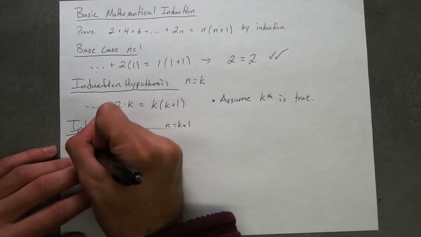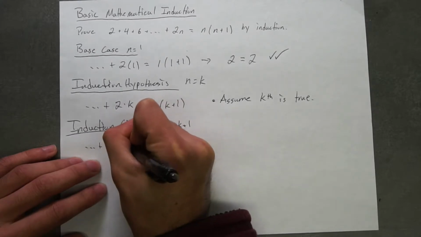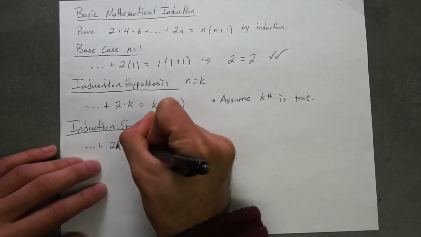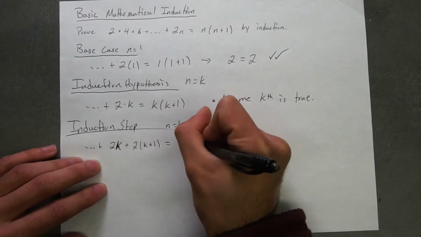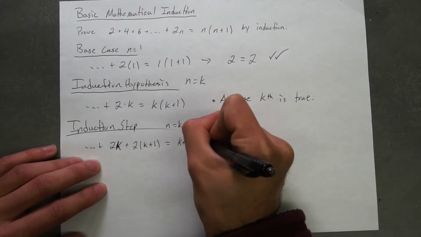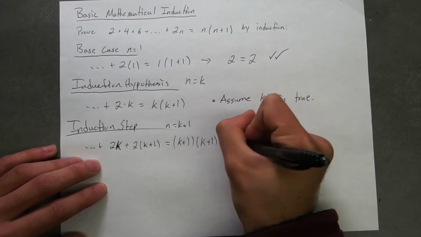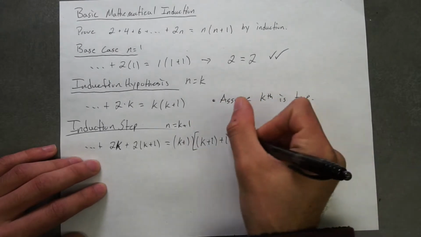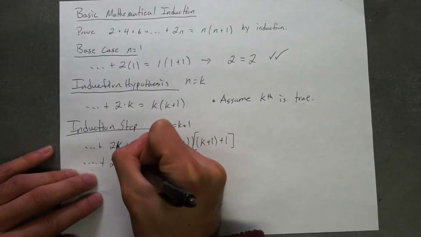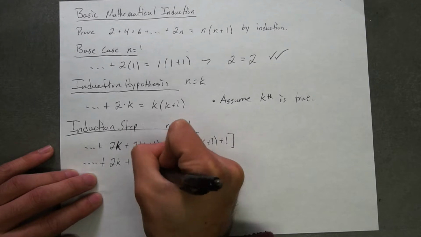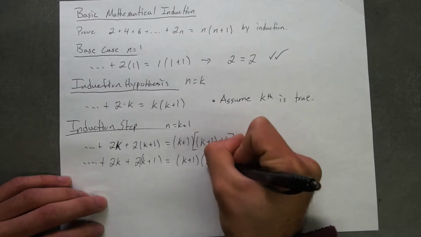So we have dot dot dot plus 2k, plus 2 times k plus 1 is equal to k plus 1 multiplied by k plus 1 plus 1. So simplifying that, we have dot dot dot plus 2k plus 2 times k plus 1 is equal to k plus 1 multiplied by k plus 2.